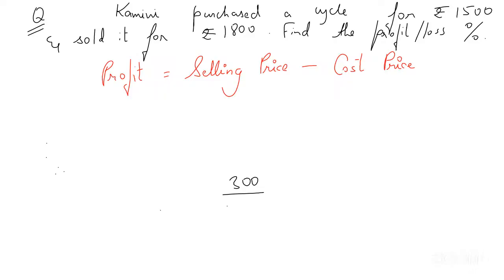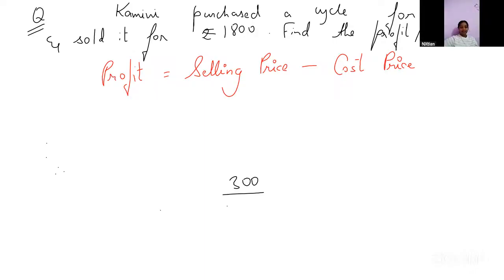Ma'am, I almost got it. What is the answer? 20%? Yes, 20%. 1500 and 300. When you cancel, 3 ones are 3, 3 fives are 15, 5 twos are 10. 20% is the profit percent.